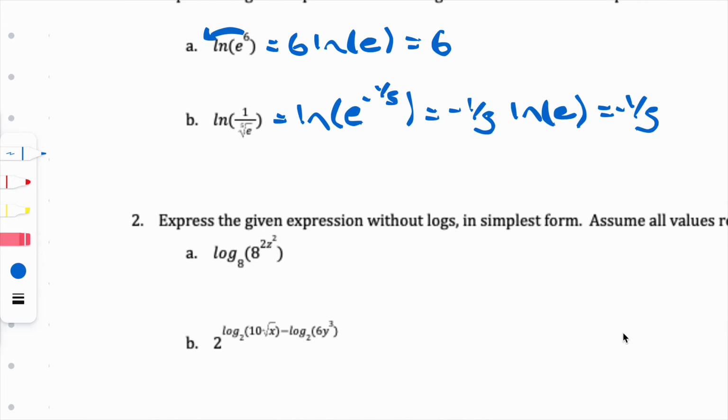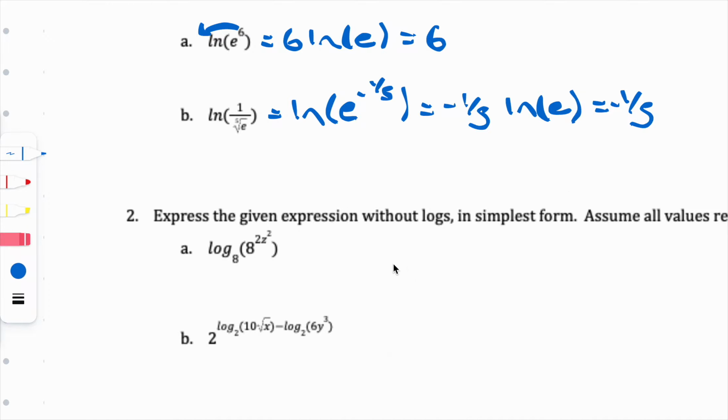Okay, so now let's try doing some of these more complex problems. It's still the exact same. We take this exponent, 2z squared, and move that out to the front of our logarithm. So we can write this as 2z squared times log base 8 of 8.